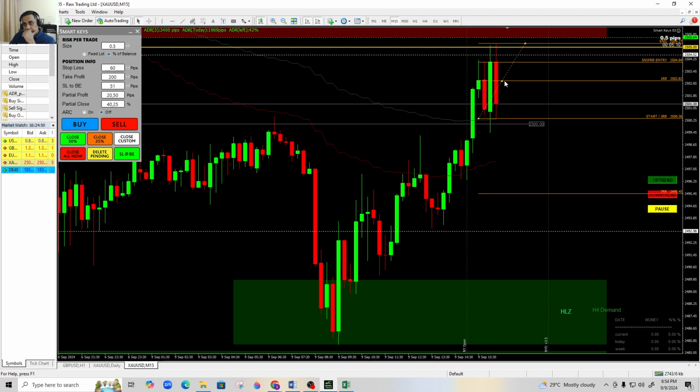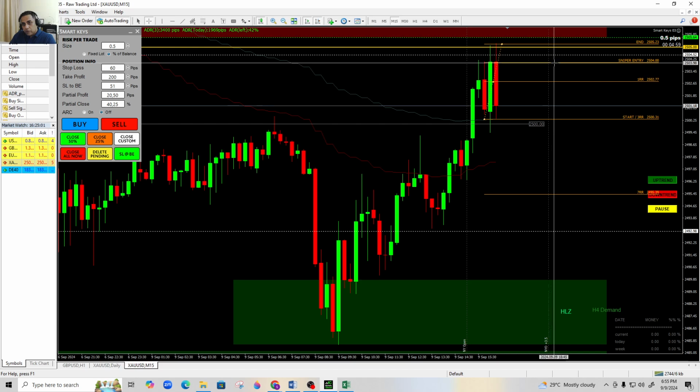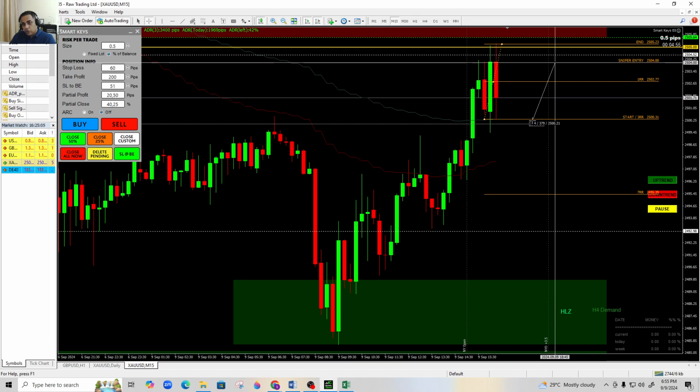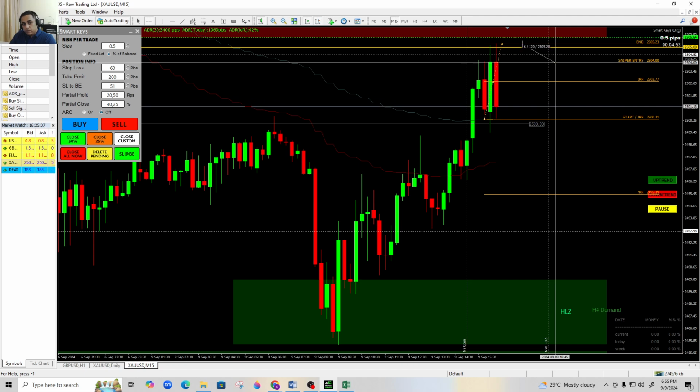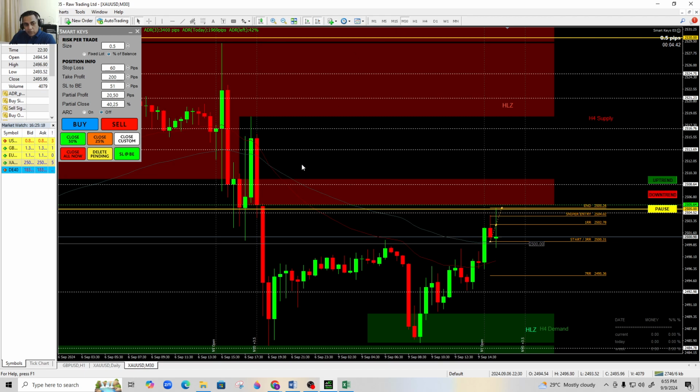Let's see, there's another 5 minutes for the candle to close, so there's no rush here. Could take a trade here, 2504, with about a 16 pip stop loss, because this 2505 is very important.